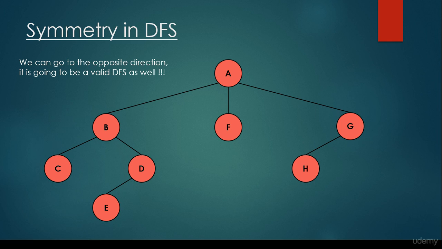We have to go to the right whenever it's possible. We can't vary it, first going to the right, then going to the left. I mean that we visit the right subtree, then the left subtree. We have to be consistent. But it doesn't matter whether we go to the left subtree or the right subtree, it's going to be a valid depth-first search implementation. So basically that's all about depth-first search.